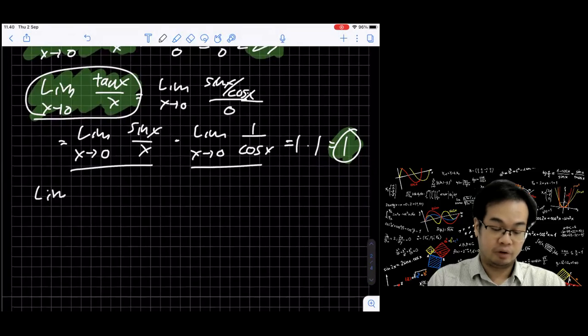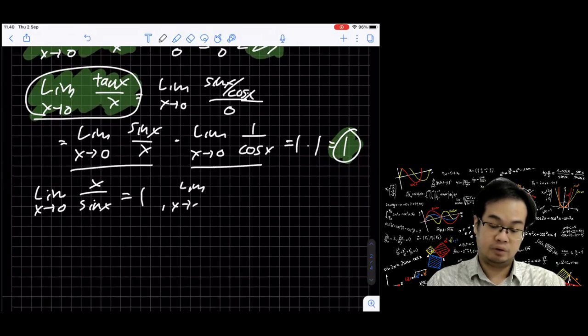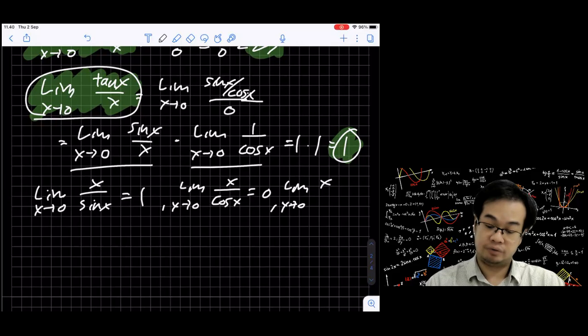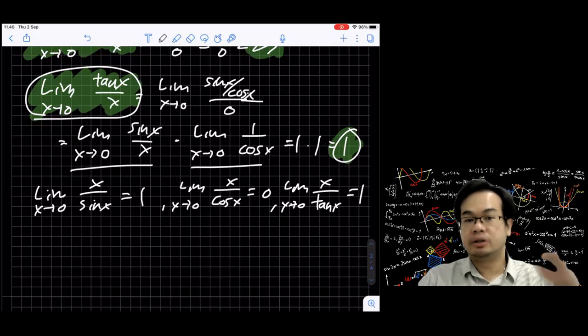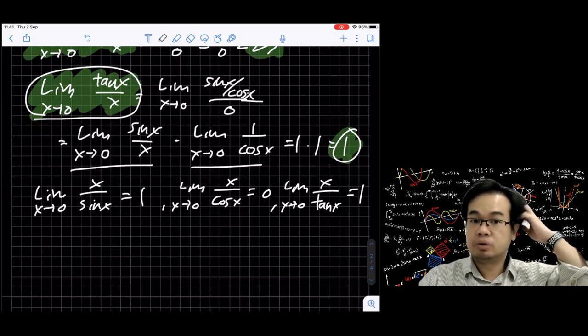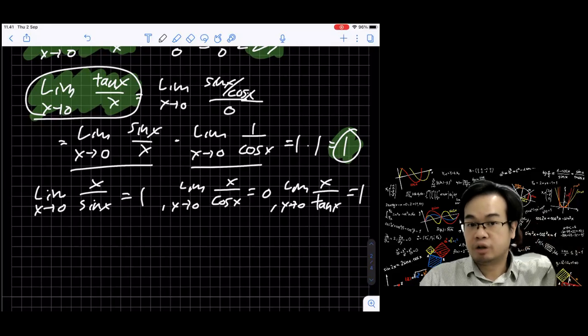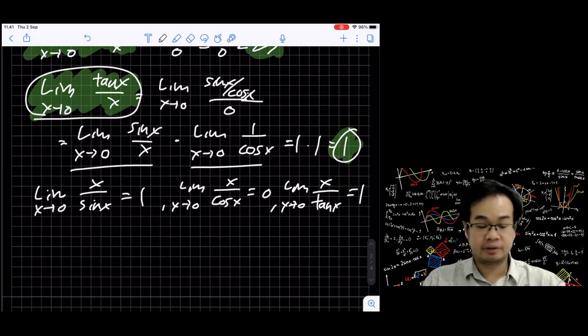What I'm saying is, the limit of x over sine x as x approaching 0 is of course also equal to 1, and the limit of x approaching 0 of x over cosine x in this case is equal to 0, and the limit as x approaching 0 of x over tangent x will be equal to 1. So this is the basic knowledge you need to evaluate a trigonometric limit. I hope you understand.